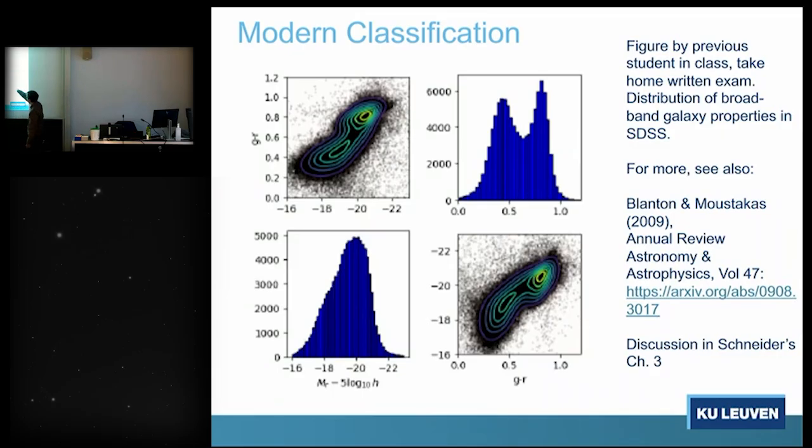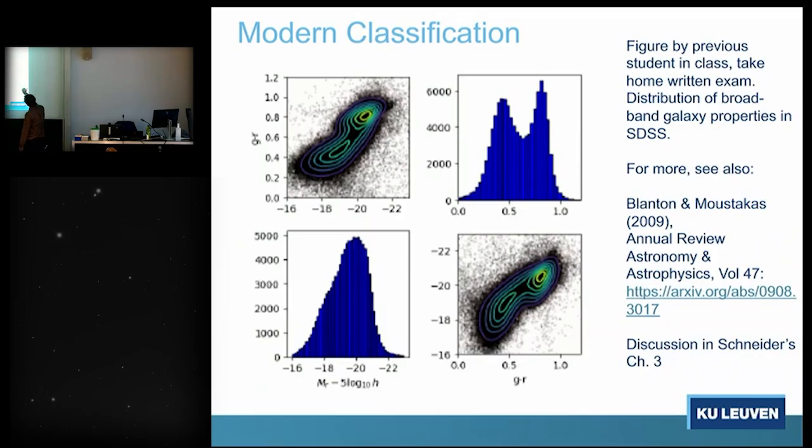For example, to the upper right, you can see the number of galaxies in this database as a function of essentially color, and there you can see a blue peak and a red peak. This is consistent with the idea that, well, spirals are blue, ellipticals are red. So even if you look at all the galaxies, you see this blue peak, you see this red peak.